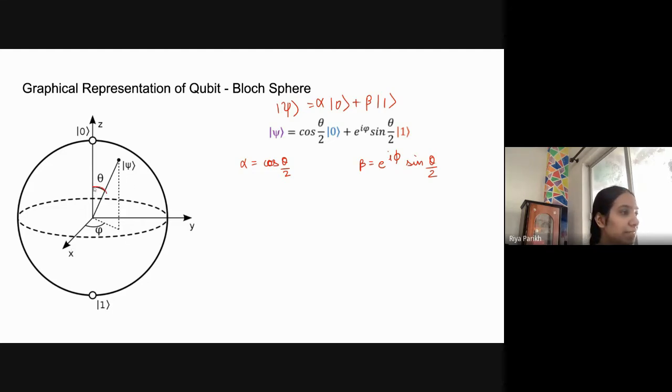So this is theta and this is phi, right? For the state 0, which lies at the topmost position of the sphere, you can see that theta is 0 and phi is also 0.